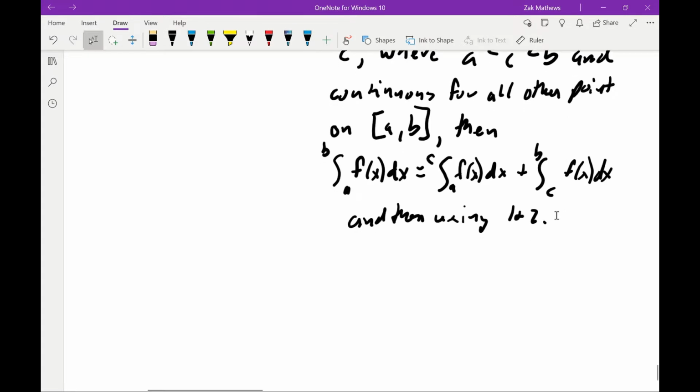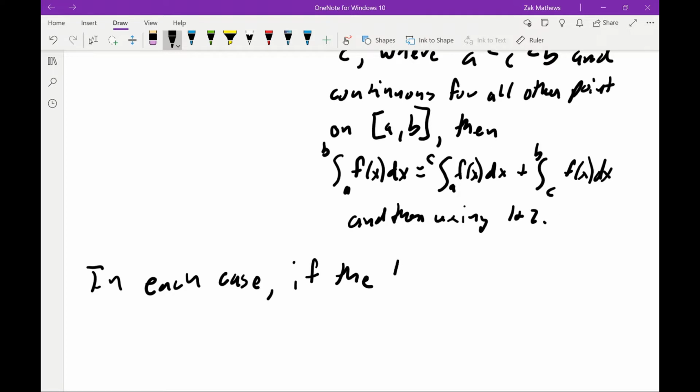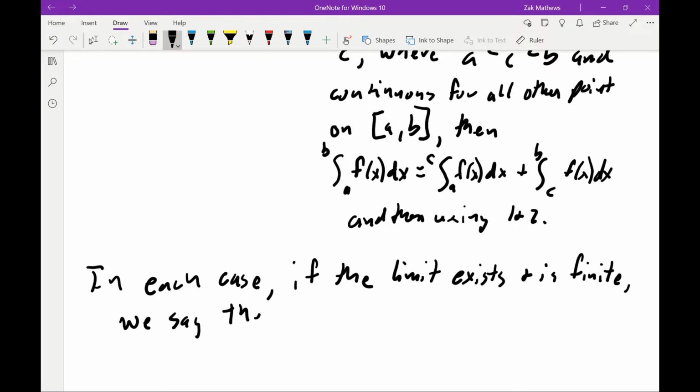In each case, doesn't matter for type 1, type 2, in each case, if the limit exists and is finite, we say the improper integral converges.